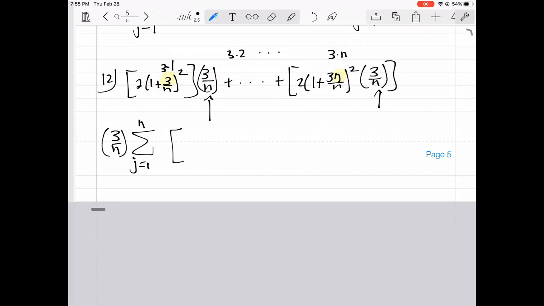The 3 over n times the parenthesis of 2 times 1 plus 3 times j over n. There you go. And then the quantity squared, and let's close the brackets, and that is the rewritten part.